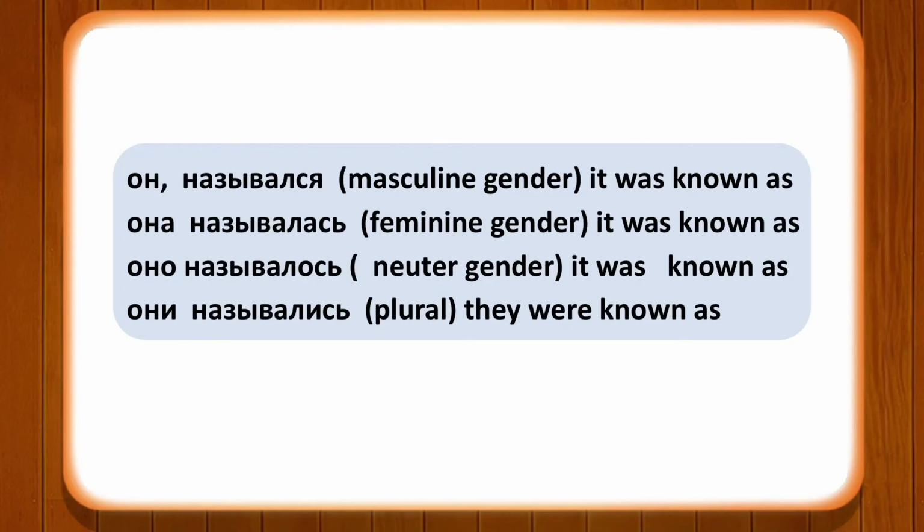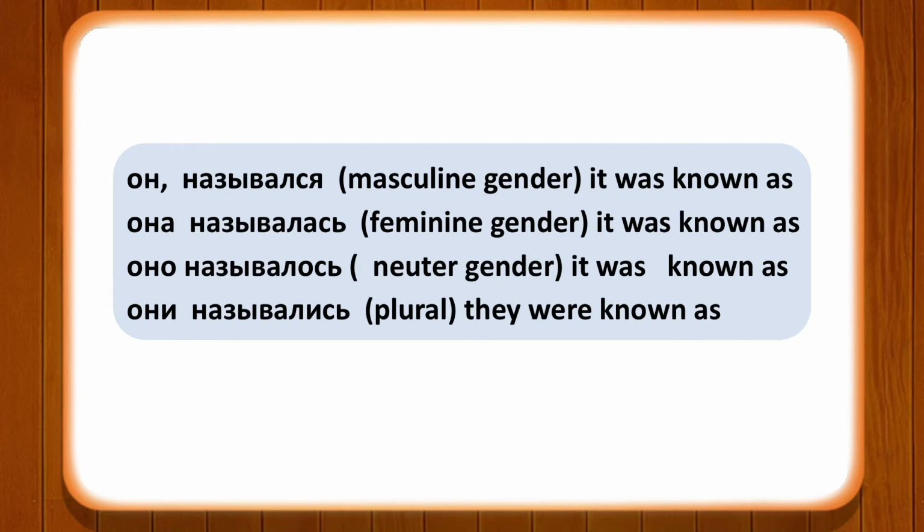Dear learners, please remember that verbs in present form are conjugated, or change, for person and number. However, in the past tense, verbs do not change for person, they change for number and gender only. Conjugation of the verb nazyvatsya in past is on nazyvalsya.